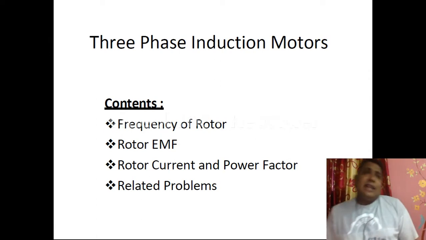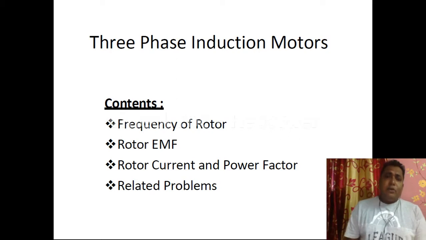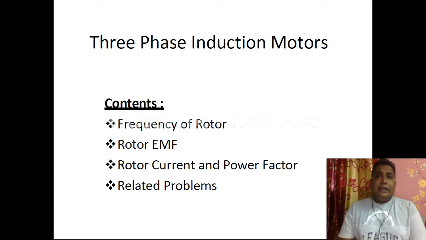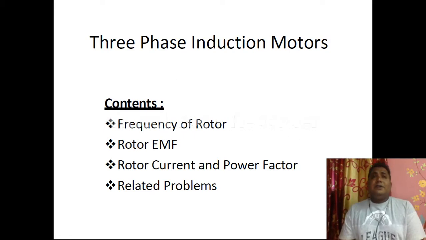In the previous class, we discussed the rotating magnetic field and its characteristics. The rotating magnetic field has a speed, denoted as the synchronous speed, and in an induction motor the rotor speed is always less than the synchronous speed.